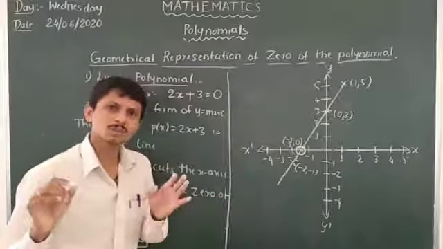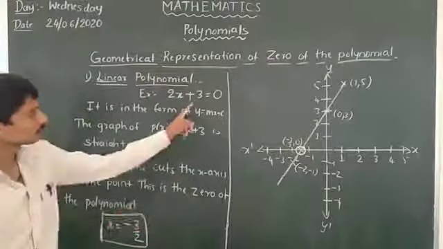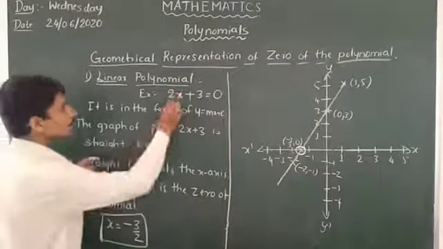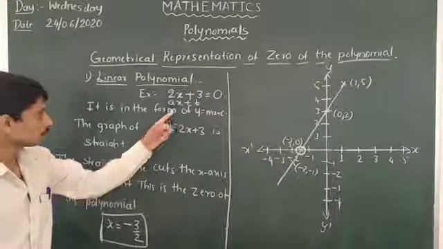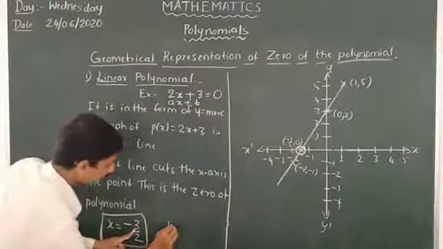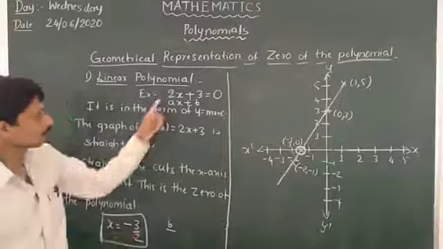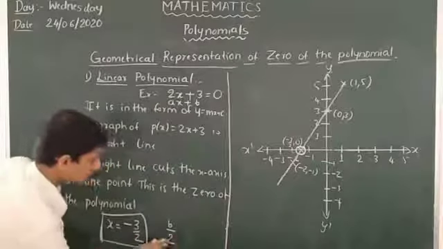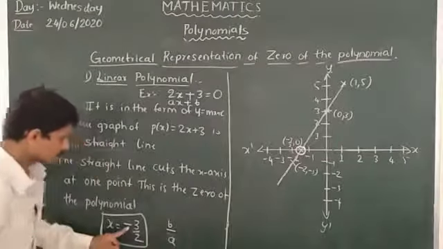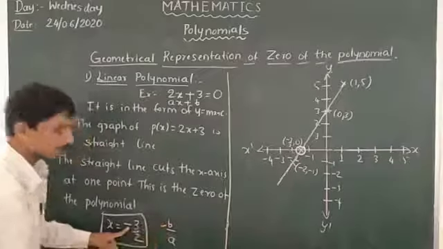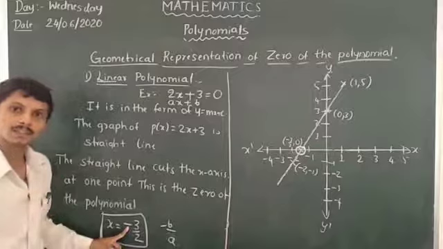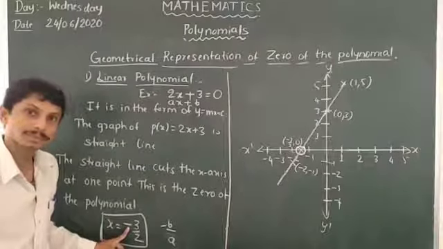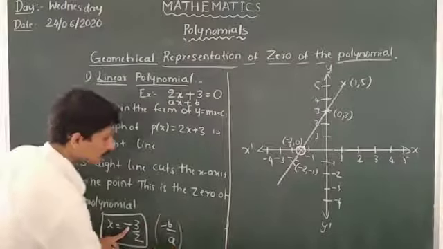So let's just look here. The polynomial can be written in the form ax plus b. So b is 3 here, and a is 2, but there is a minus sign. So the 0 of a linear polynomial can be expressed in the form of minus b/a.